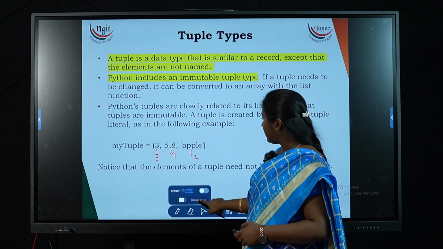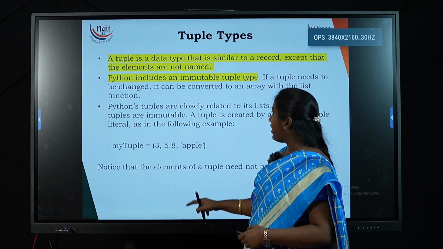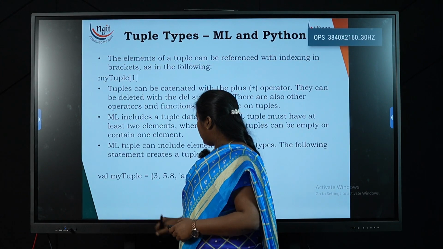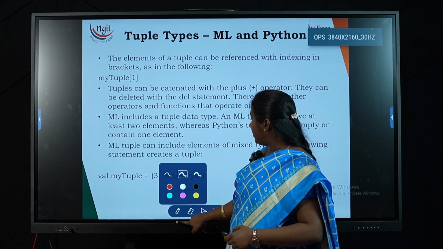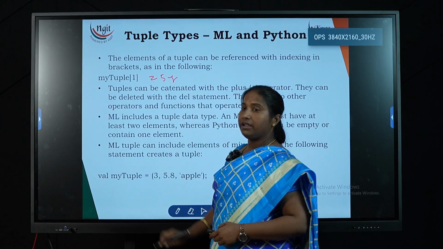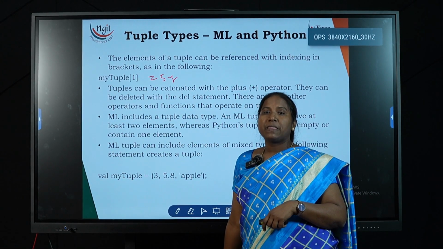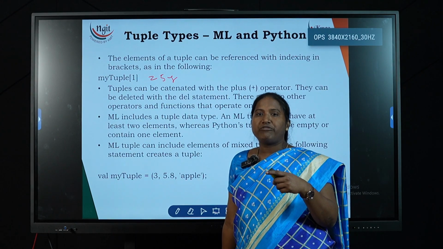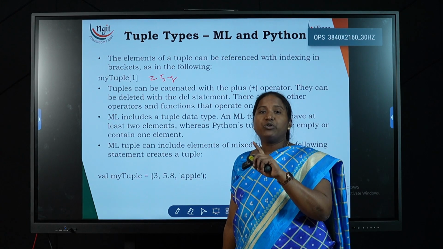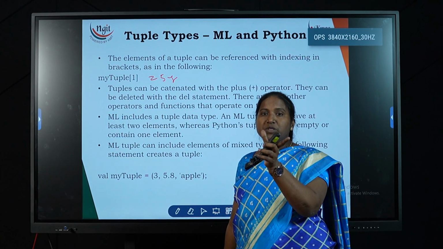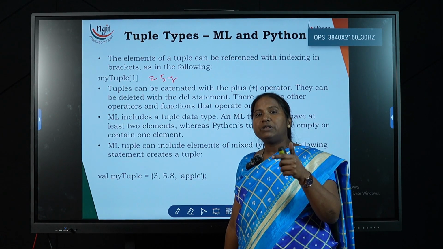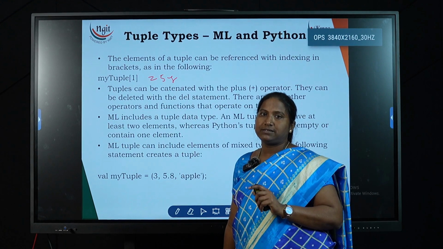In the next slide I am writing a syntax to access 5.8, which is myTuple[1]. If you want to access apple, you have to give the index myTuple[2]. If you want to access the 3 from myTuple, you have to give index 0. So basically tuples are accessed through indexes.